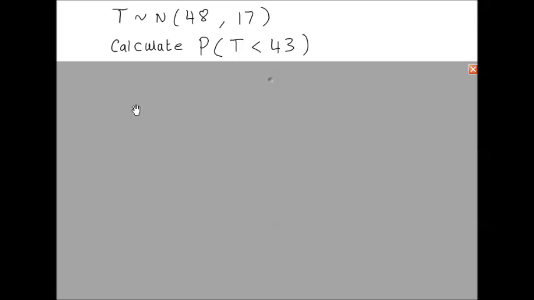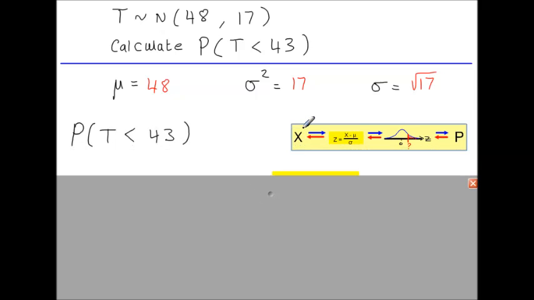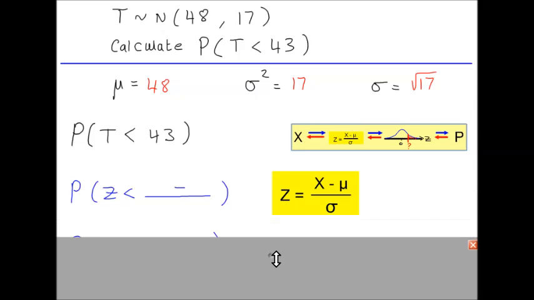Okay, let's have a look at an example on standardizing to calculate probabilities. We have a mean of 48 in this normal distribution and a variance of 17. Okay, so the mean is 48, the variance is 17, and the standard deviation is the square root of the variance. The first step is applying the formula and standardizing.